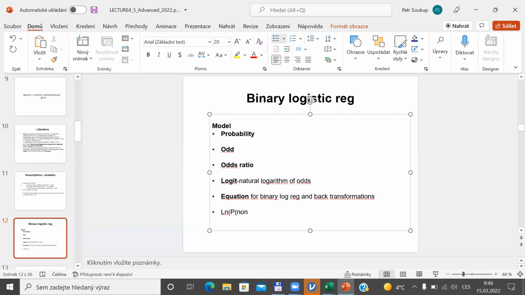I would be computing a logarithm, that's why I'm typing ln, which is usually the shortcut for natural logarithm, and I'm taking the logarithm of probability, and for simplicity we will do the same. So non-survive would be the first one, probability divided by probability to survive. Mathematically, we could also type that it is probability of 1 minus probability of non-survive. That would be the same. So probability of survive versus non-survive.